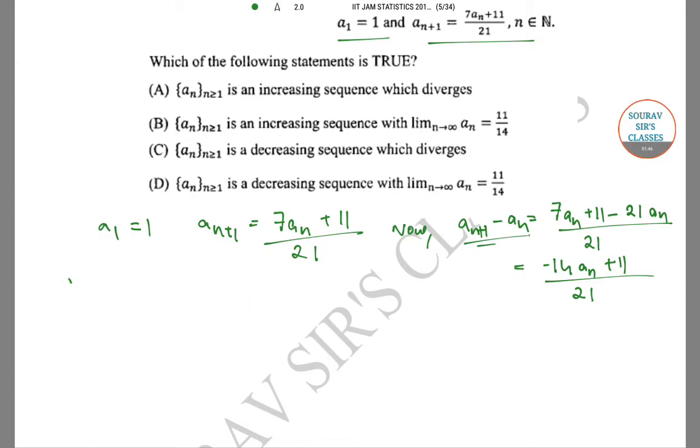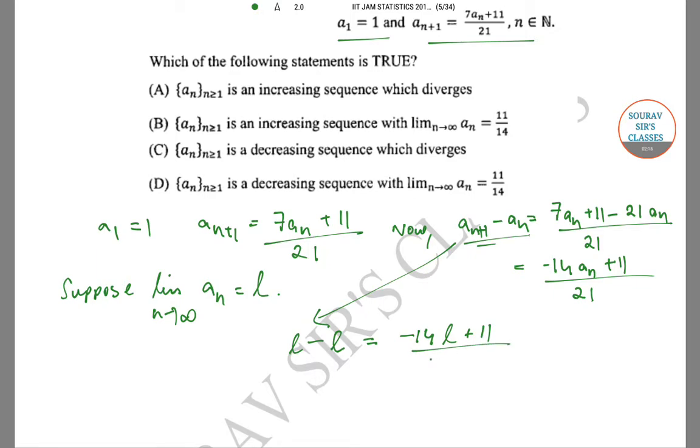Now suppose the limit as n goes to infinity of a_n is equal to L. From this we get the limit as n goes to infinity of a_{n+1}, which is L, minus the limit as n goes to infinity of a_n, which is also L, equal to (minus 14 times the limit of a_n, which is L, plus 11)/21.